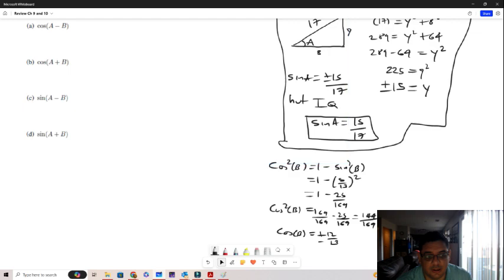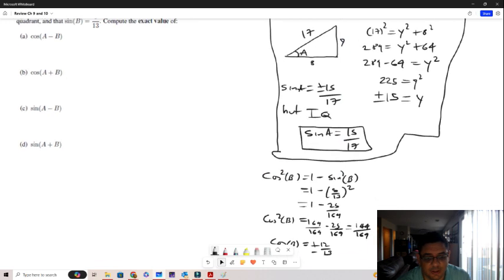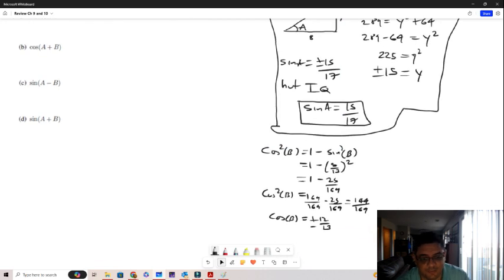And so again, let's take a look at the quadrant. B is in the second quadrant, so the cosine should be negative. So beta belongs in quadrant 2, so that means that cosine of B should be minus 12 over 13. And so I'm pretty much done at this point. I have all the information that I need.